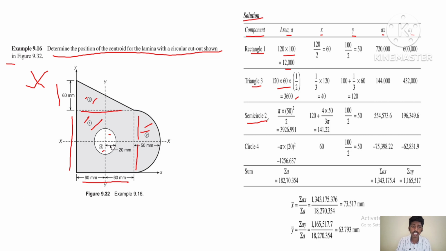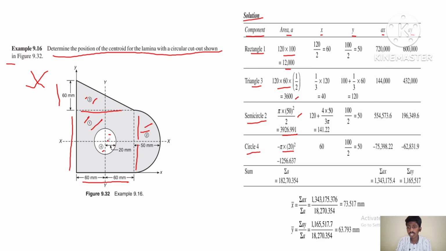Next, for semicircle, it's pi r square by 2. Here the radius is 50. So the answer, after calculating, we get is 3926.991.